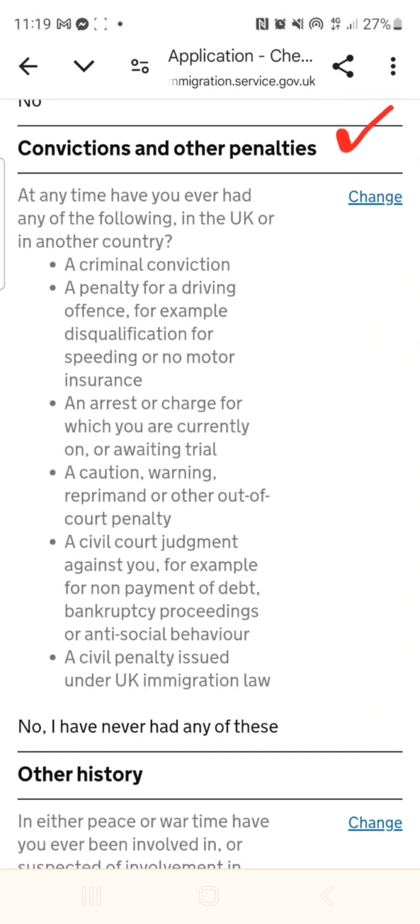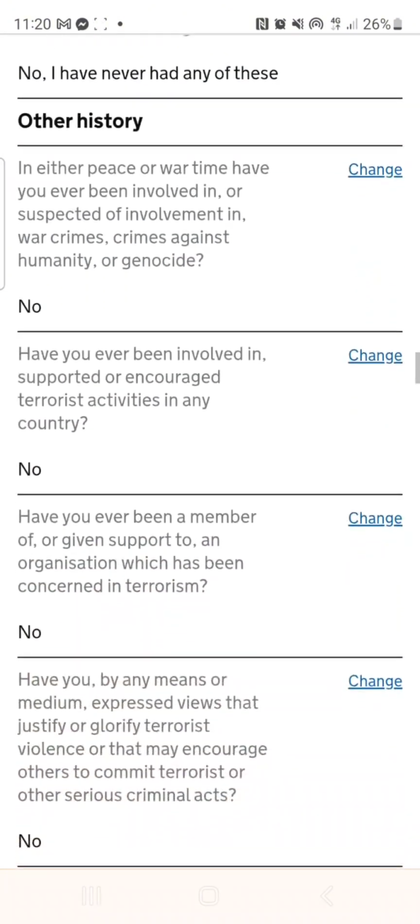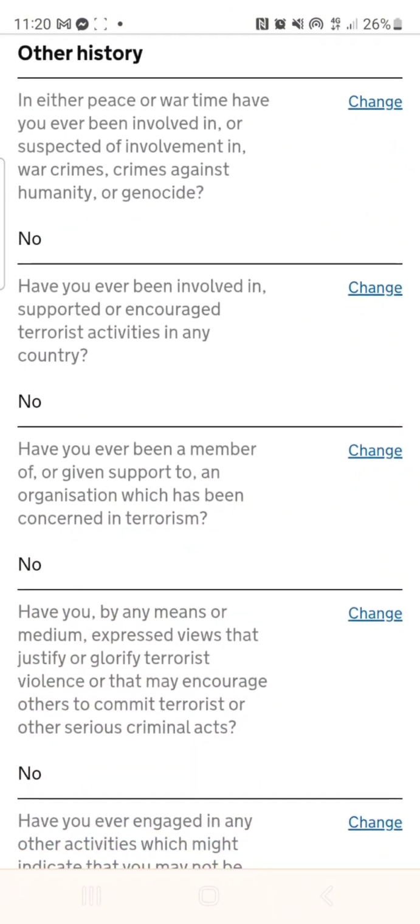Conviction and other penalties. At any time, have you ever had any of the following in the UK or in another country? These are the criminal conviction and penalty. Have you had before? No, I have never had any of these. Other history. In either peace or war, have you ever been involved in war crimes, crimes against humanity, genocide?